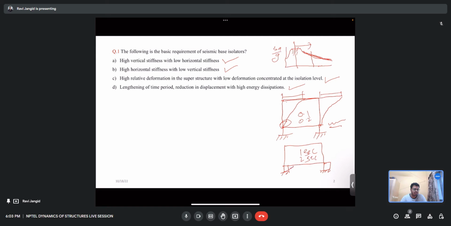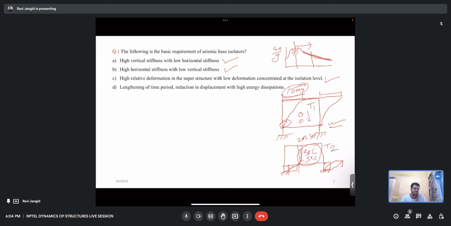First, the isolator will deform this way, and there is a deformation in the structure also, but not that much. If this is 10 mm, then the deflection in the structure may be 2 mm or 3 mm, because the deflection is taken care of by the isolator. When the time period is higher, say the time period of this structure is T1 and of this one is T2.